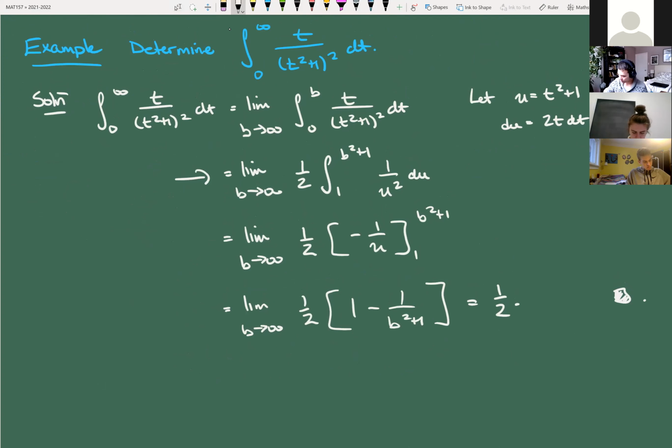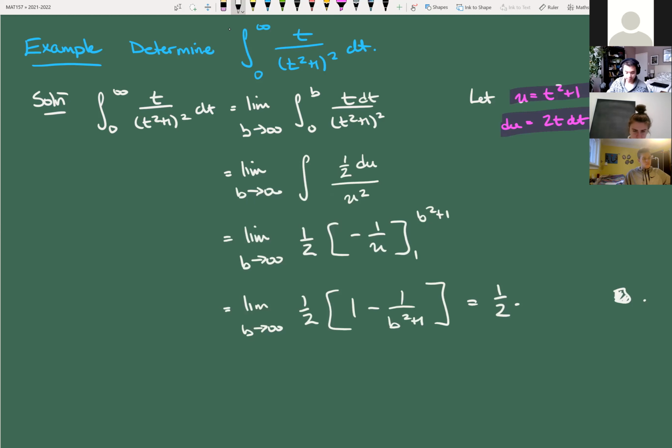So this one. Right. So I did the substitution, right? So I get here, maybe let me do that one a little bit slower. So I'm going to get the integral. So I don't have a t, right? I don't have a t dt. So that I get a half there for that reason. So I'm going to get 1/2 du, that's the t dt, all over u squared.